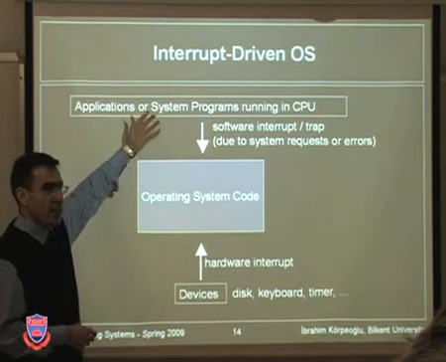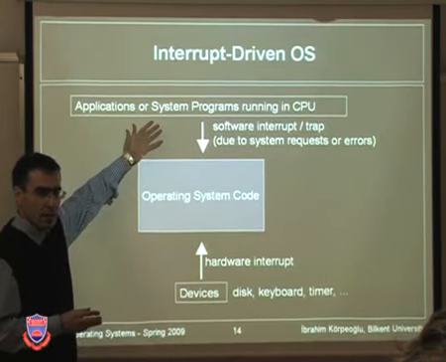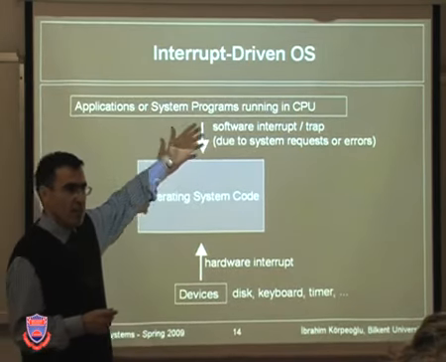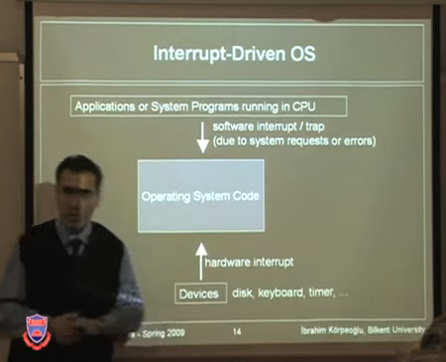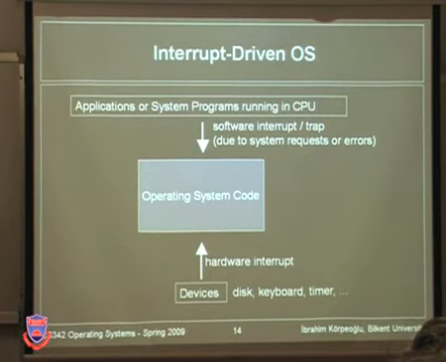Or whenever an application running in the CPU tries to do something illegal. These are called exceptions. Whenever exceptions or traps happen, or hardware interrupts happen, then operating system code that you have loaded initially into memory starts running in the CPU.